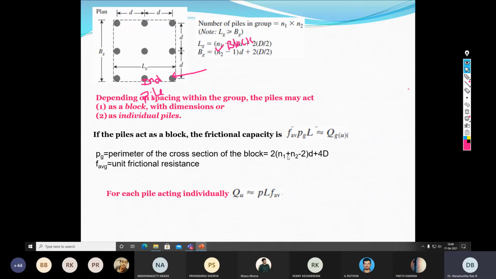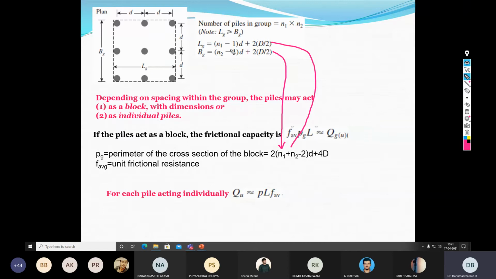The perimeter of the block is 2 times of N1 and N2, where N1 is the number of piles in the length direction, 1, 2, 3 here, and N2 is the number of piles in the width direction, again 1, 2, 3. If you substitute LZ and BZ in these equations with N1 and N2 and simplify, you get the same perimeter equation.